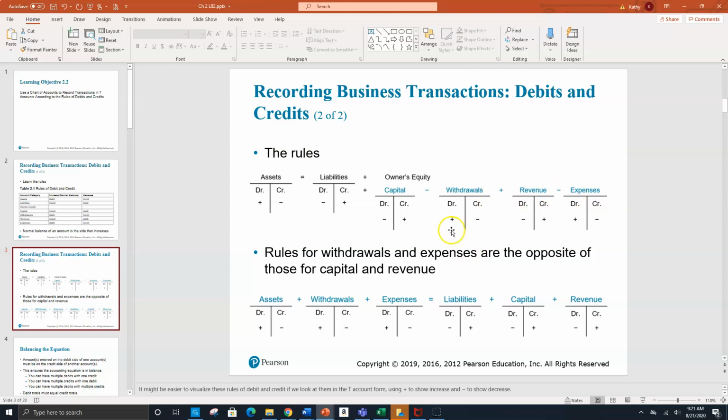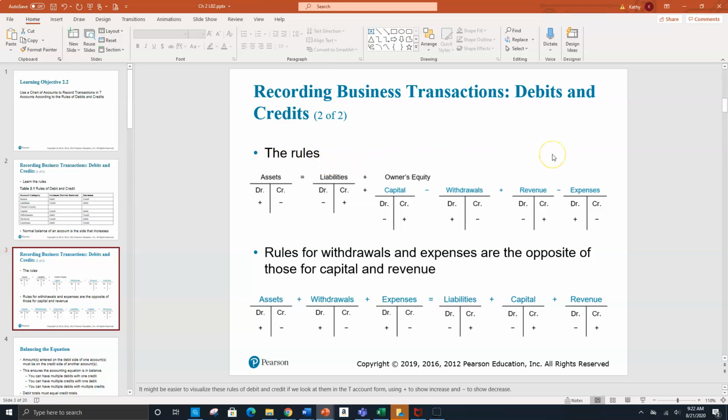So we do the opposite of liabilities and owner's equity. We debit withdrawals to increase them, and expenses we debit to increase them. Because of the expanded accounting equation, you're subtracting. That's why it's the opposite sign. Revenues we credit to increase. So if you memorize the accounting equation and the expanded accounting equation, one way to think about it is assets on the left side, you debit to increase the account.